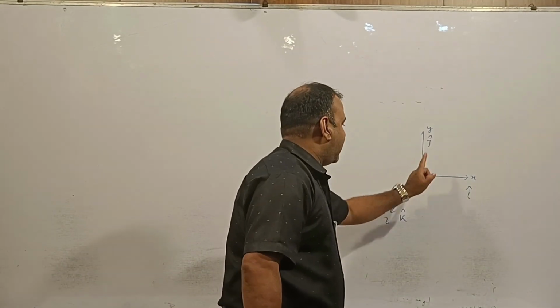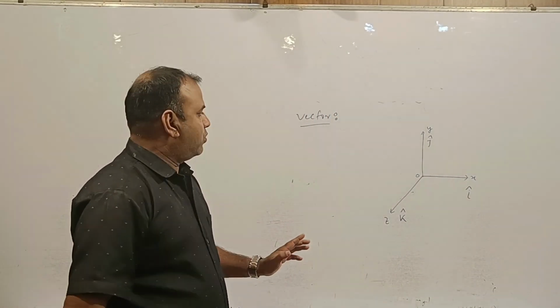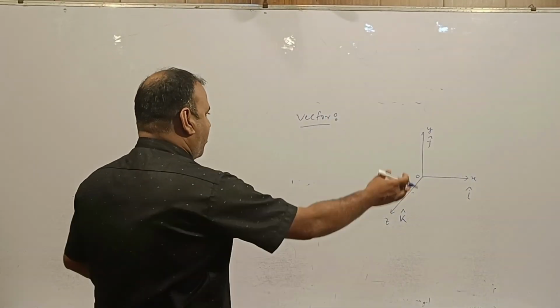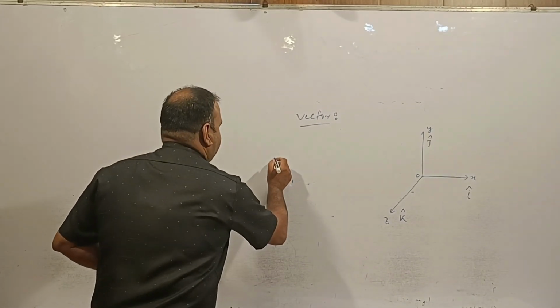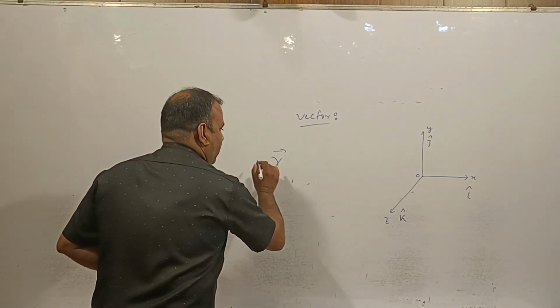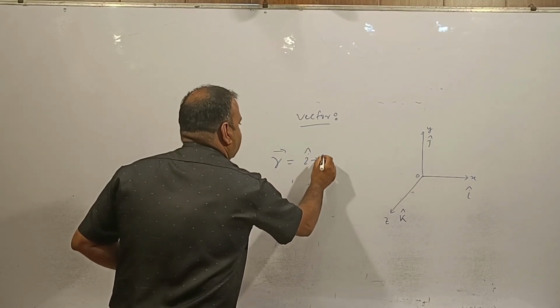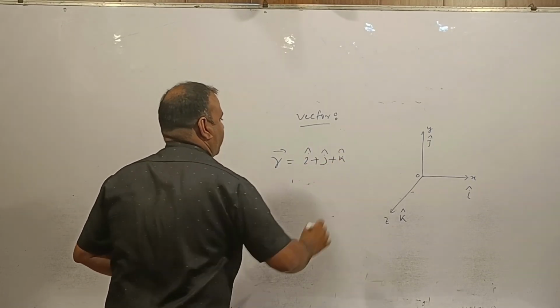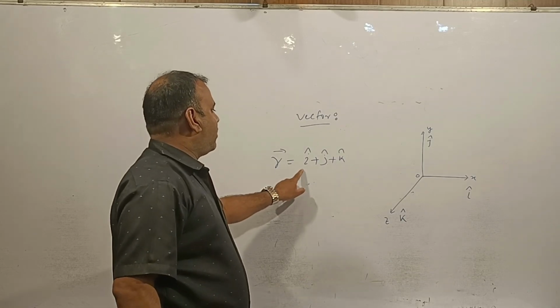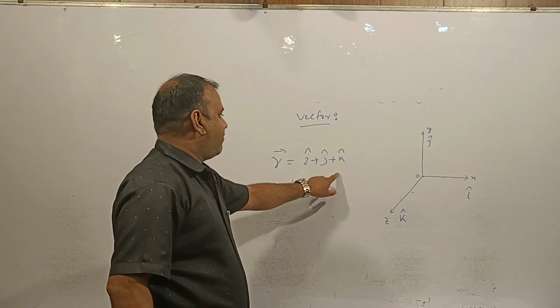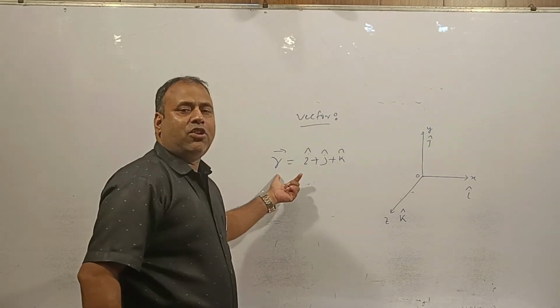When these unit vectors are combined together, there is one vector. Suppose this is called the position vector, R is equal to i cap plus j cap plus k cap. This is the representation of vectors.